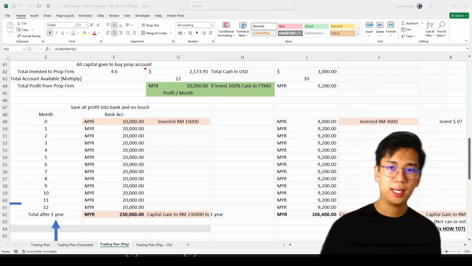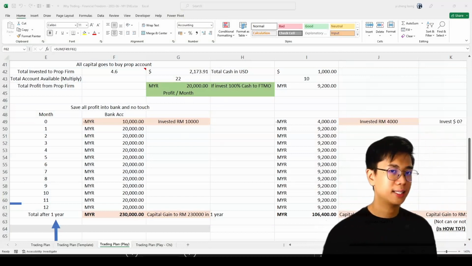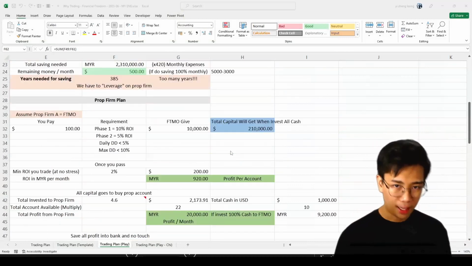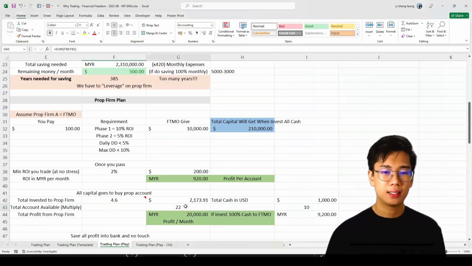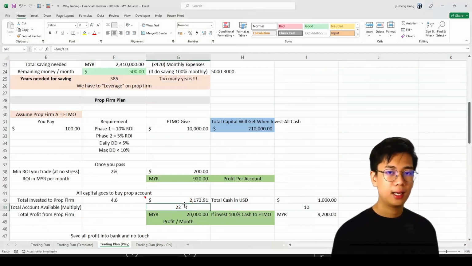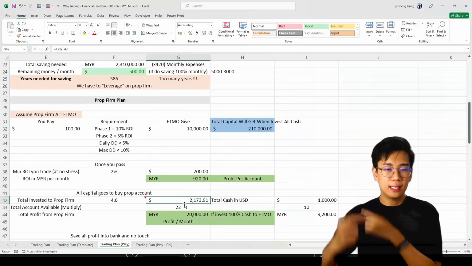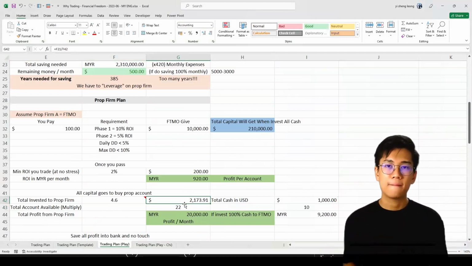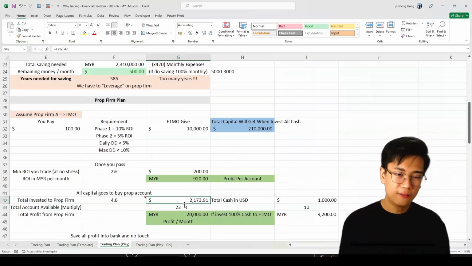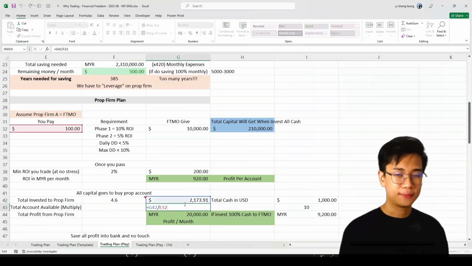Not that easy. Okay lah, I understand. Right? Hana says it's not that easy. Okay, what we can do is, just now I assumed that all the deposits that you put in are 100% converted to a profit account. What if I reduce it by half?